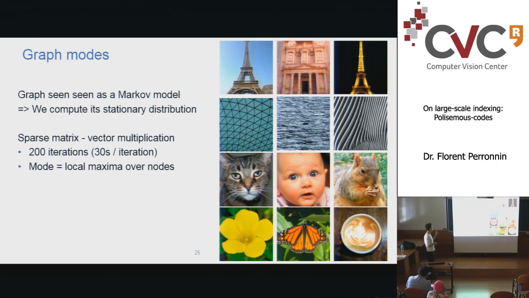And then the modes that you obtain, meaning the nodes which are of high probability, typically of higher probability than the neighbors, are your centroids, your local maxima. And this shows a couple of local maxima which we have found, which show what typically you have in this Flickr 100 million database image.